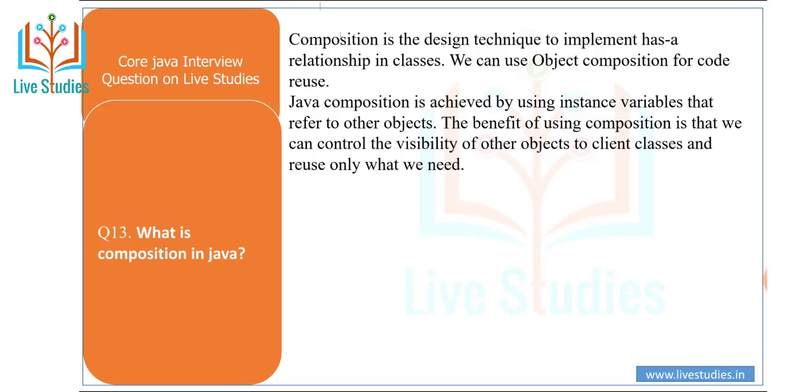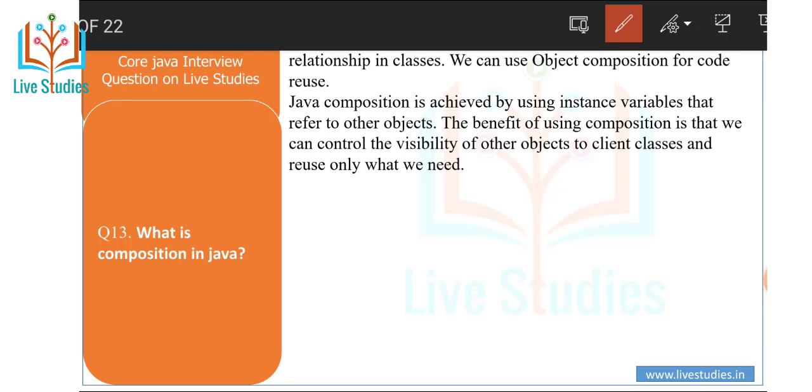Java composition is achieved by using instance variables that refer to other objects. The benefit of using composition is that we can control the visibility of other objects to client classes and reuse only what you need, and you can use setters and getters in a composition form. But another point, composition and aggregation, is a very important question.